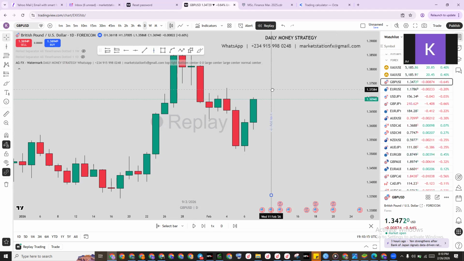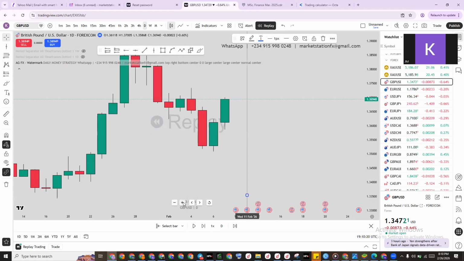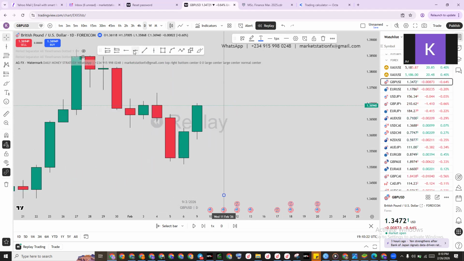So now, you know your open, high, low, close, the anatomy of a candlestick. Where is the open of this candle? You know this is where the open is, right? Yes. Okay. So this is the open of this candle, this is the close.